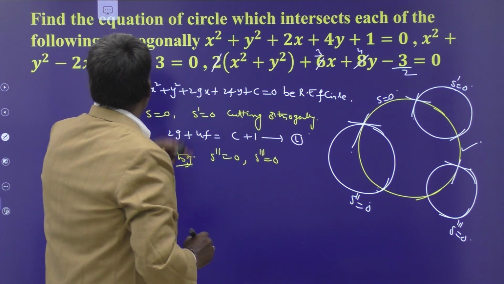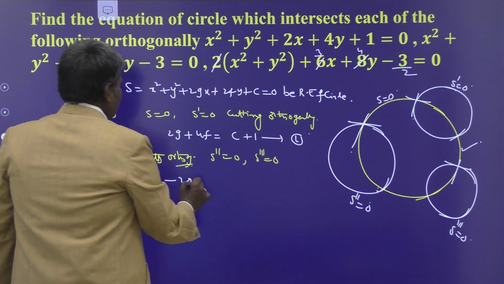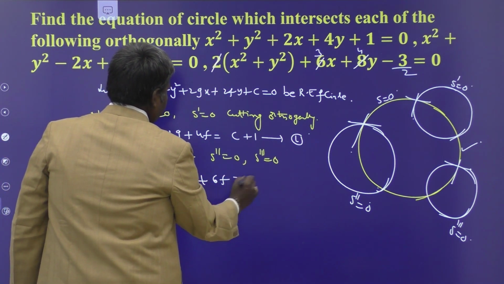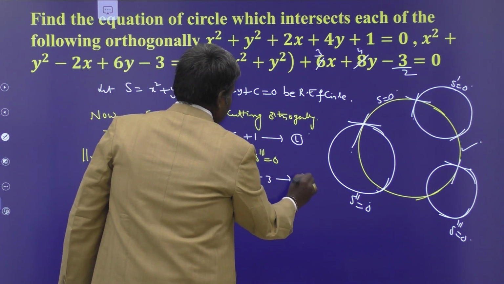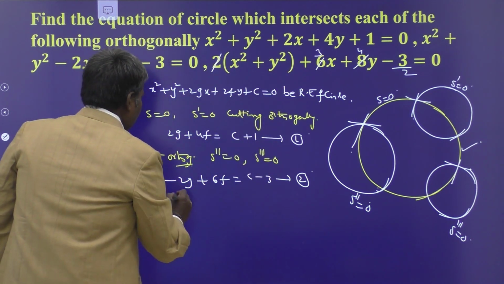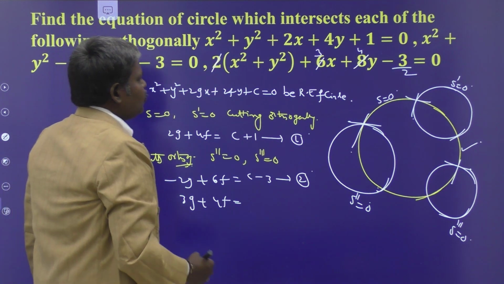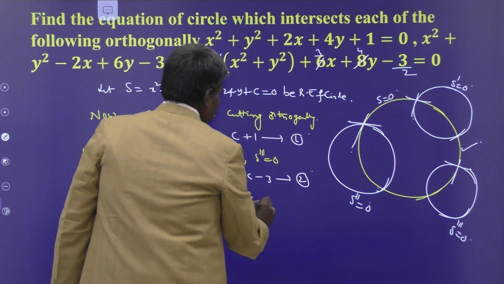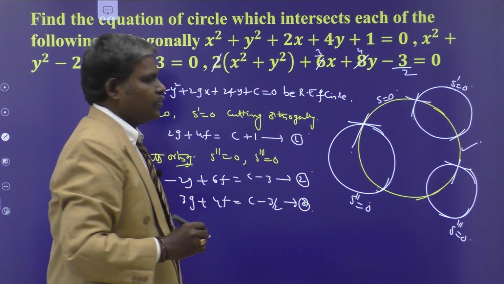By looking at the second equation itself, what is the condition? Minus 2g plus 6f is equal to c minus 3. This is the second equation, and the third equation is nothing but 3g plus 4f is equal to c minus 3 by 2. This is the third equation.